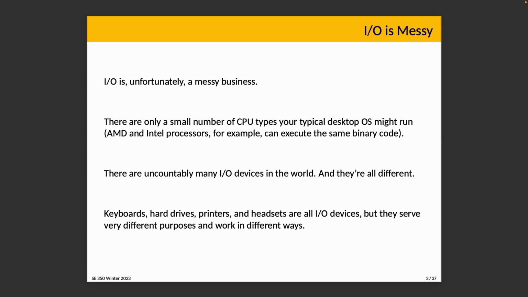There's a very small number of CPU types that your typical desktop operating system might run on. There's ARM architectures and there's the x86 architectures, and even within those, there's a certain level of compatibility between them. Intel and AMD processors can execute the same binary code, the same x86 instructions.